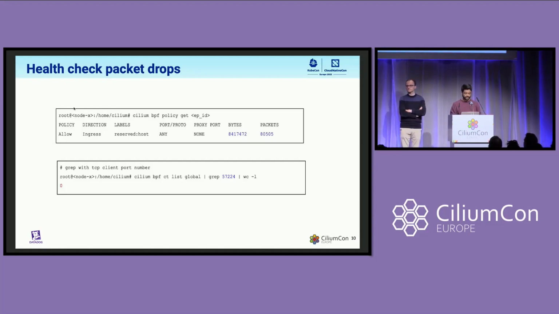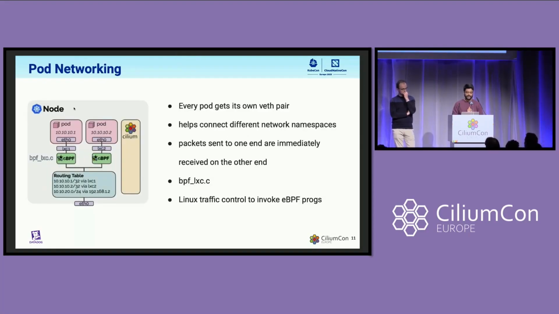And whenever Cilium sees this ingress connection, it also updates a connection tracking entry so that when the response packet is ready to be sent from the endpoint to the kubelet, the response would automatically be allowed based on the connection tracking. It looks like in this case, we were not seeing entries being updated in connection tracking. And a quick background of how Cilium in our clusters is set up.